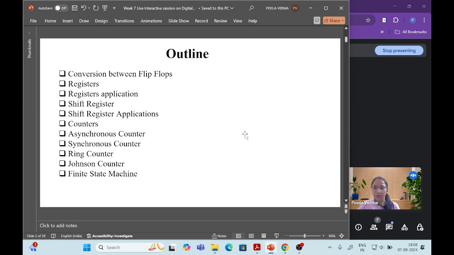The topics covered are the conversion between flip flops, which was already done in week 6, and the remaining ones for week 7: register applications, shift register applications, counters and different types of counters and their design, synchronous counter, ring counter, Johnson counter, and finally the finite state machine, which has been started and will be carried out next week also.